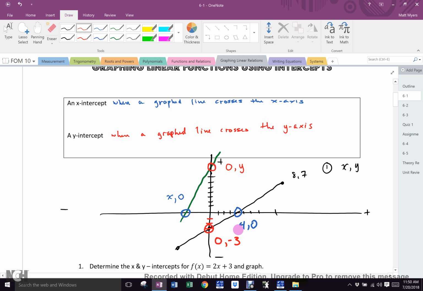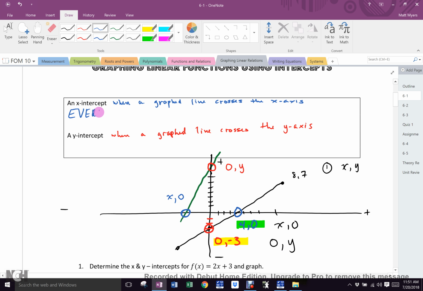Now, look, if it happens once in math, it always happens in math, right? That's why math makes sense. This intercept was 4, 0. An x value with 0. This intercept was 0, negative 3. Right? 0 with a y value. Now, this blank space up here is for that.